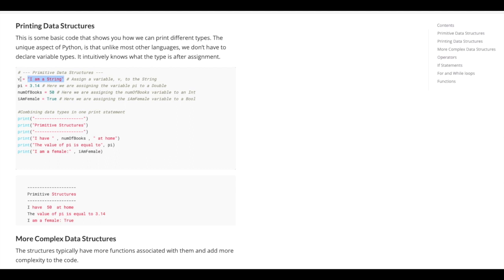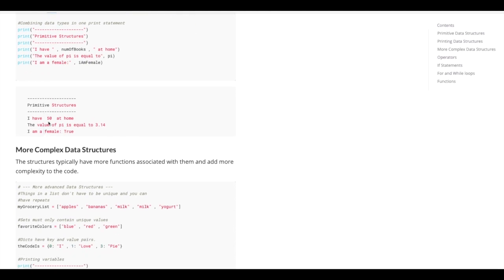So here I have, let's say, v for variable, which is equivalent to a string, right? Then pi is going to be a float, then number of books would be an integer, and then I am female would be true, and that's a boolean. If I print this out with these print statements, you can easily print to the console just by having print with the parentheses and then whatever you want to print inside.